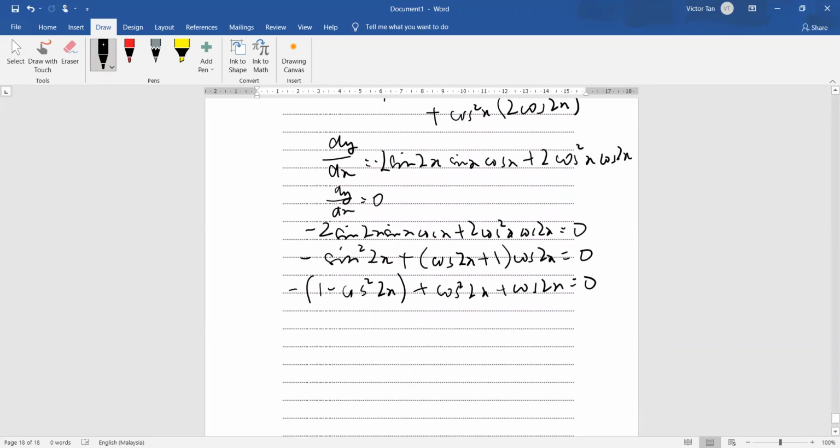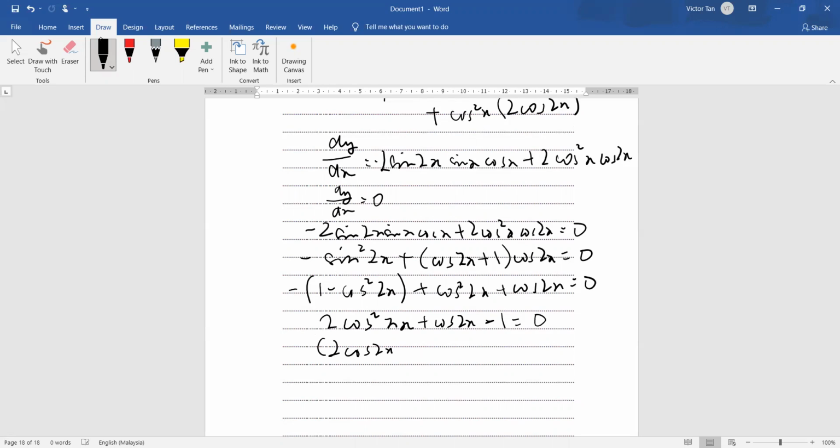So expanding this is minus 1 plus cos square 2x plus cos square 2x plus cos 2x. So this will be 2 cos square 2x plus cos 2x minus 1 equals 0.